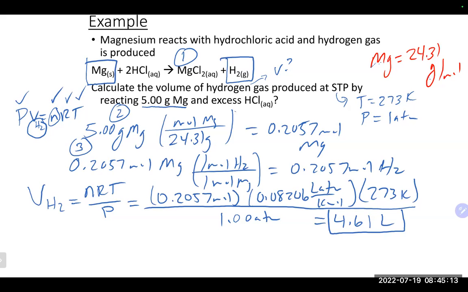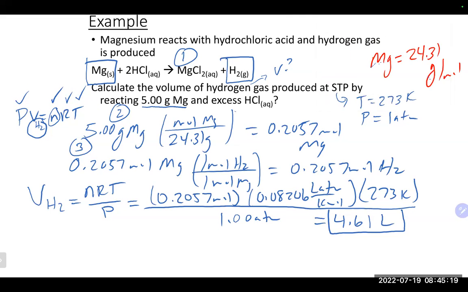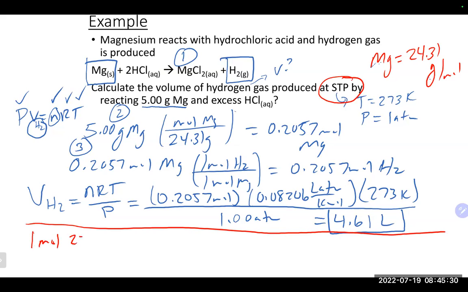Any questions on that there? Now, an alternative to this that you could have done was, because we were at STP in this particular case, we once again could have used 1 mole is 22.414 liters.